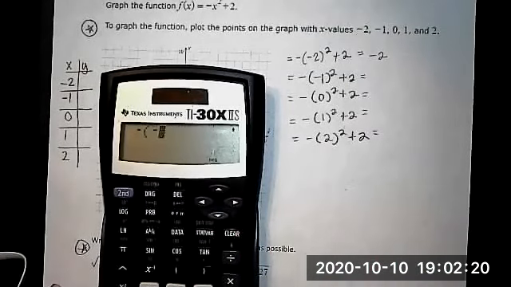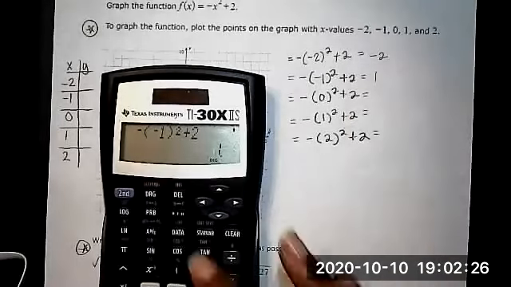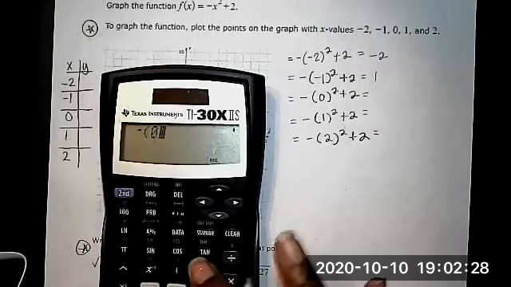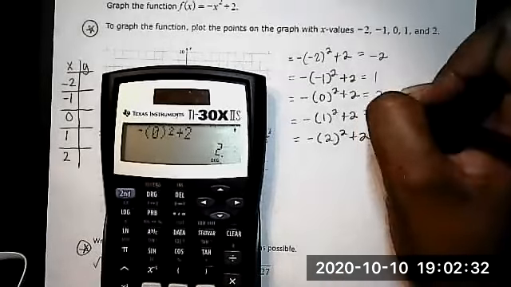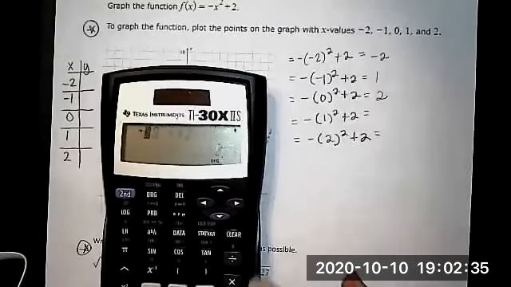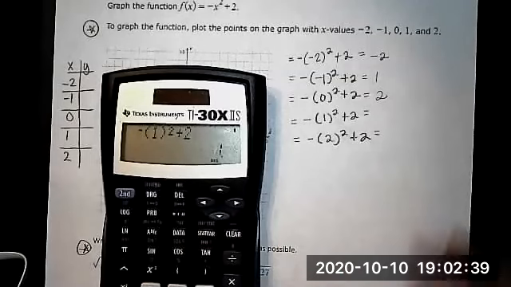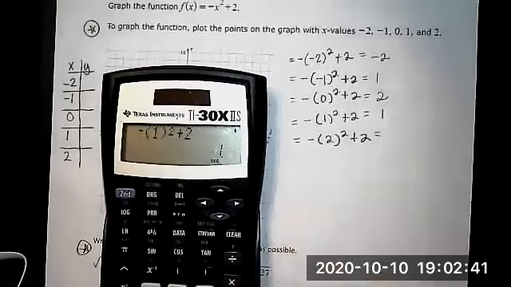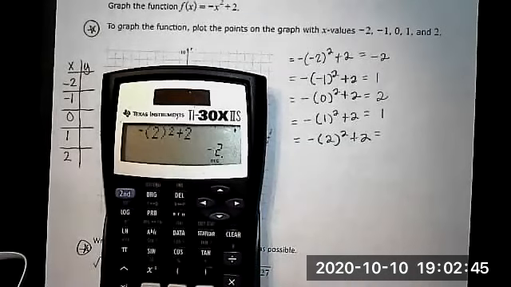Negative parentheses -1 squared plus 2 here becomes positive 1. And then negative parentheses 0 squared plus 2 is positive 2. Good. And then negative parentheses 1 squared plus 2 becomes 1. Good. And then negative parentheses 2 squared plus 2 is -2. Good.